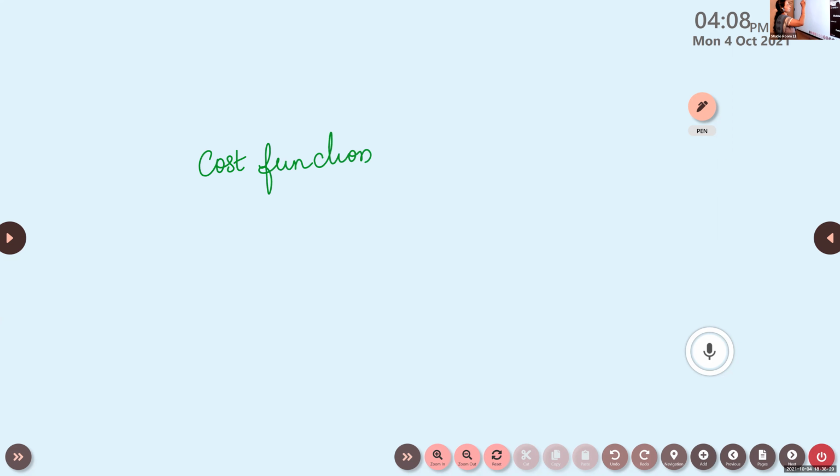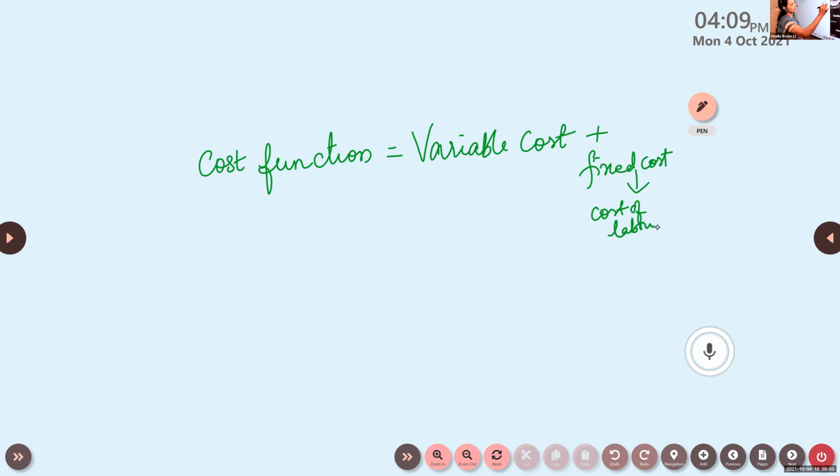Cost function includes two things: variable cost plus fixed cost. Variable cost means the cost of labor, cost of transportation, room rent, all these things come under the fixed cost.